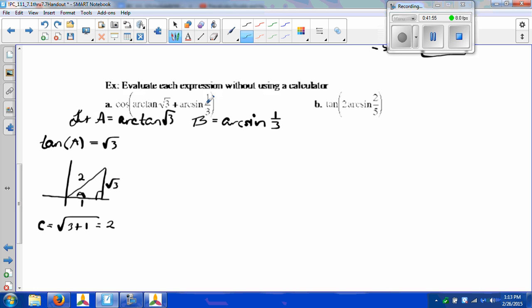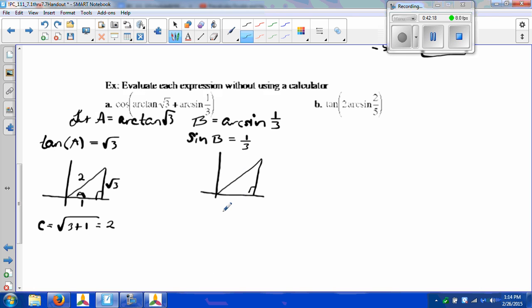Now let's do it for B. The sine of B is 1/3. Where is sine positive and allowed to come out for the arc? Also in quadrant 1. These do not both have to be in the same quadrant. Notice this one is actually on the unit circle. This one's not. That's fine.